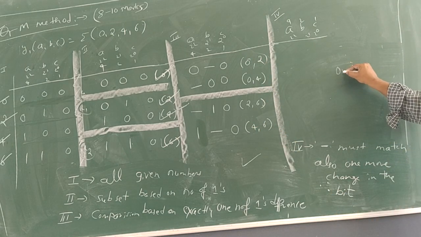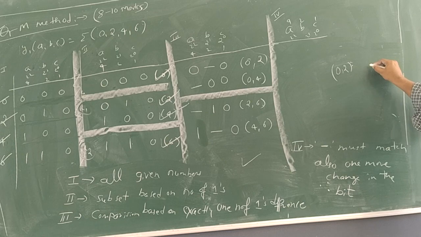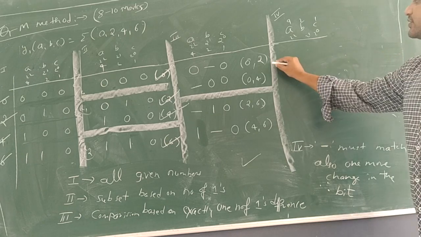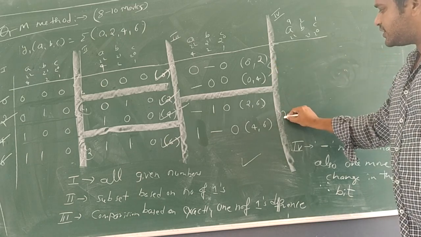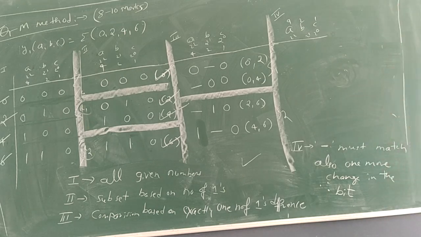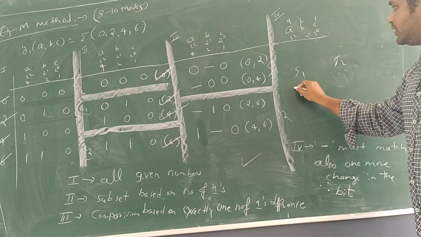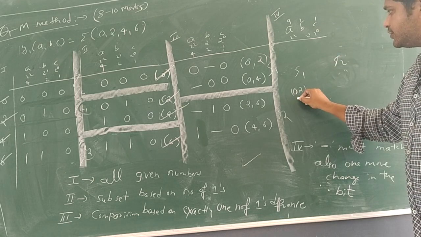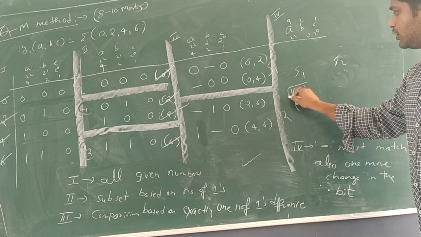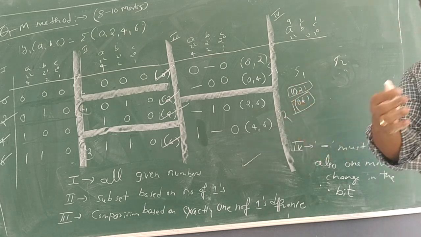Here I will write 0 to. If you do like this, this is S1, this is S2. Again, think about Cartesian product. Now how many elements in S1 and S2? Here, 2 elements, 0 to and 0 4. This we have to think as a whole.